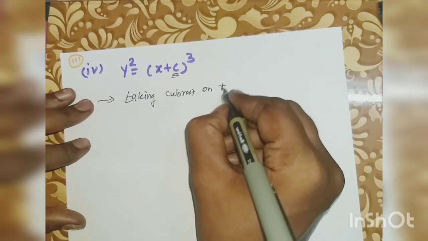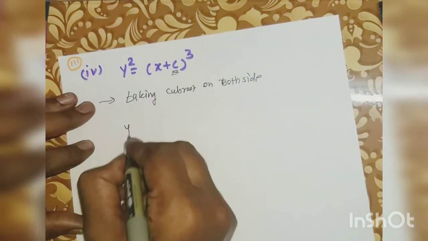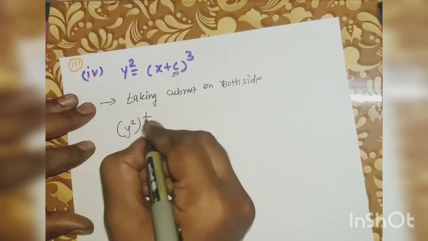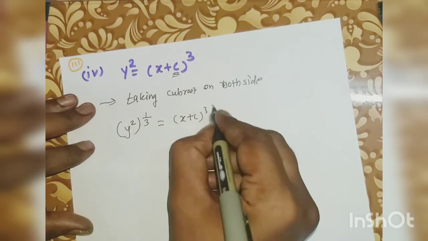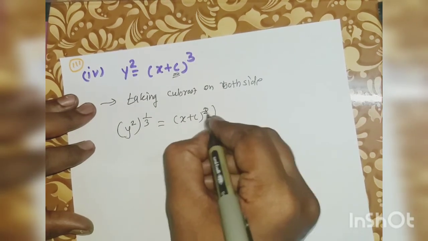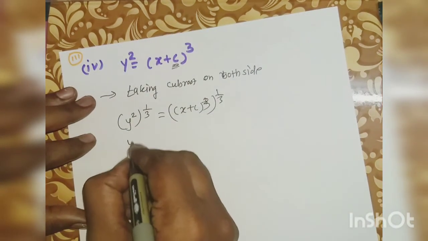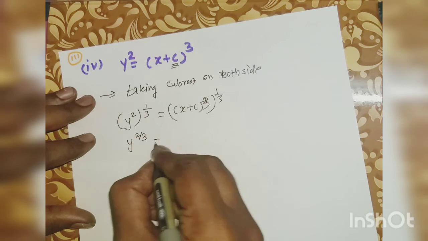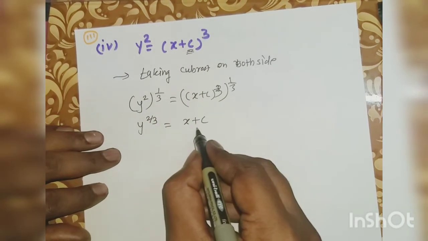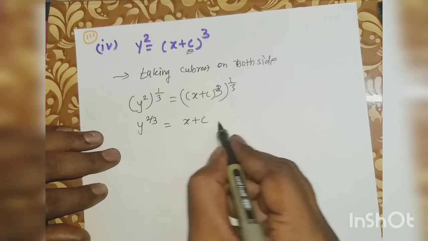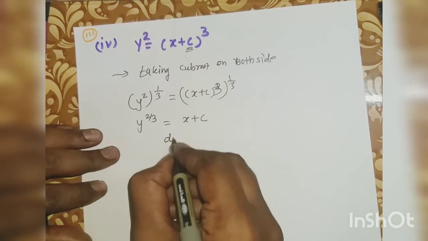Cube root on both sides. Then y square raised to 1 by 3 is equal to x plus c raised to 3 raised to 1 by 3, that is y raised to 2 by 3 is equal to x plus c. Now we take one time differentiation, and this constant is eliminated, which is the only one arbitrary constant.